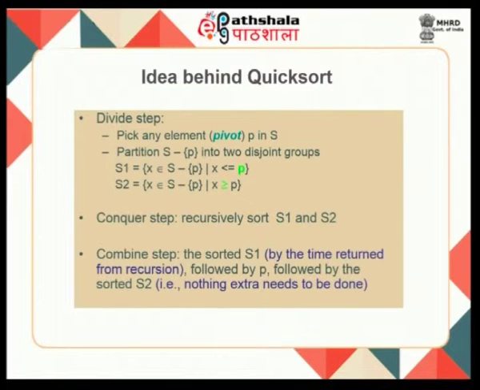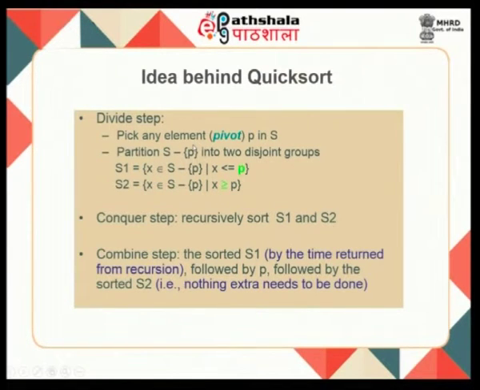What is the idea behind quicksort? Quicksort was designed by Hoare, and the idea is very simple: we have to pick an element called the pivot element, and use divide and conquer. We have to divide the problem into subproblems.